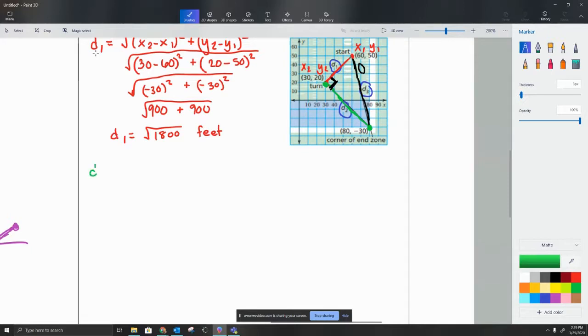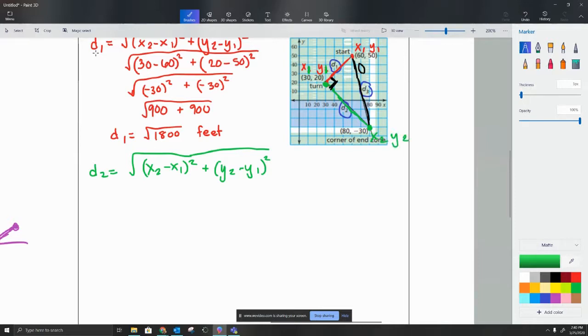So D2 equals the square root of x2 minus x1 squared plus y2 minus y1 squared. And this time we'll say that this point right here is x1, y1, and then this point is x2, y2.